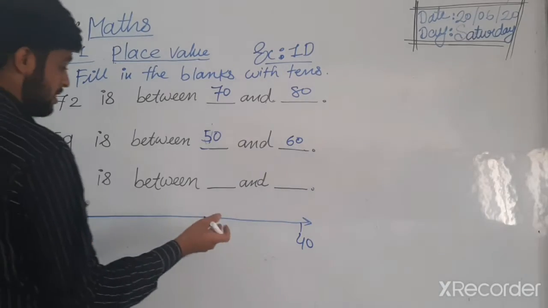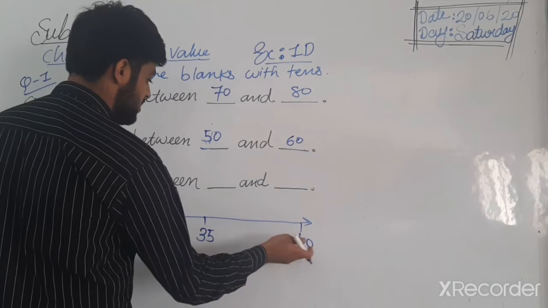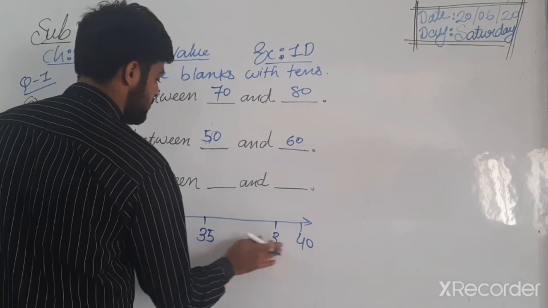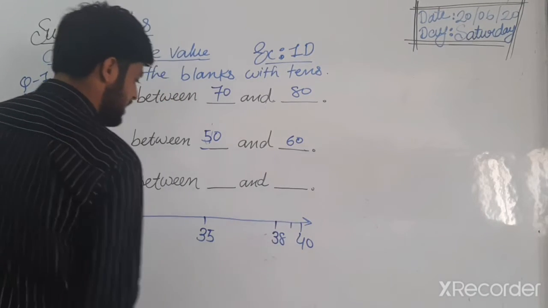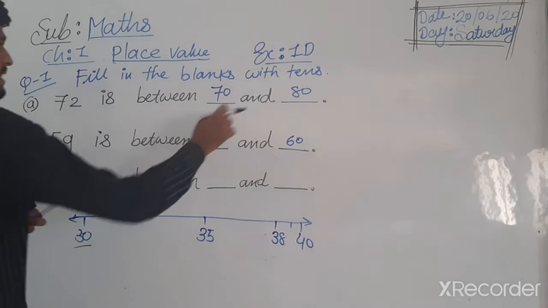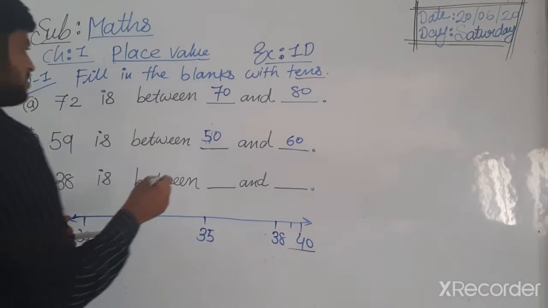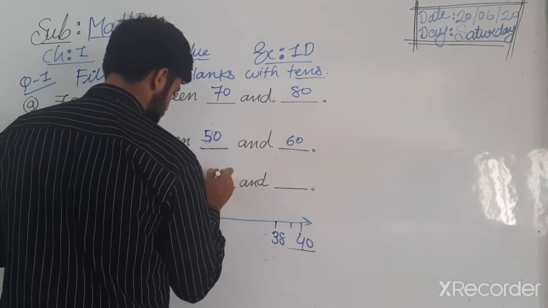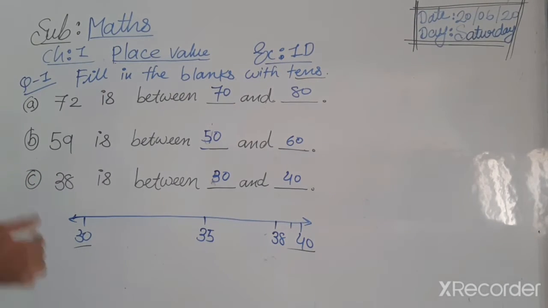Is 38 before or after 35? It is after 35 and before 40. We only write the tens place. So now our answer is 30 and 40. I hope you understood better.